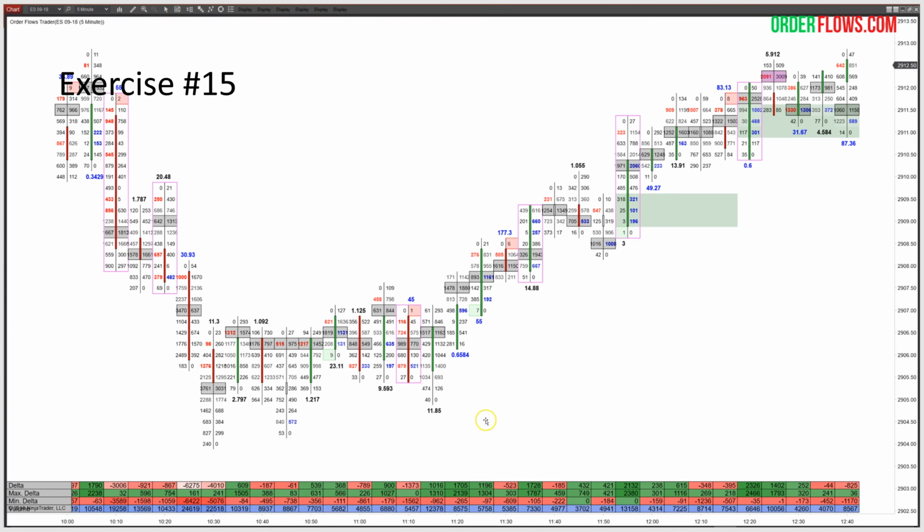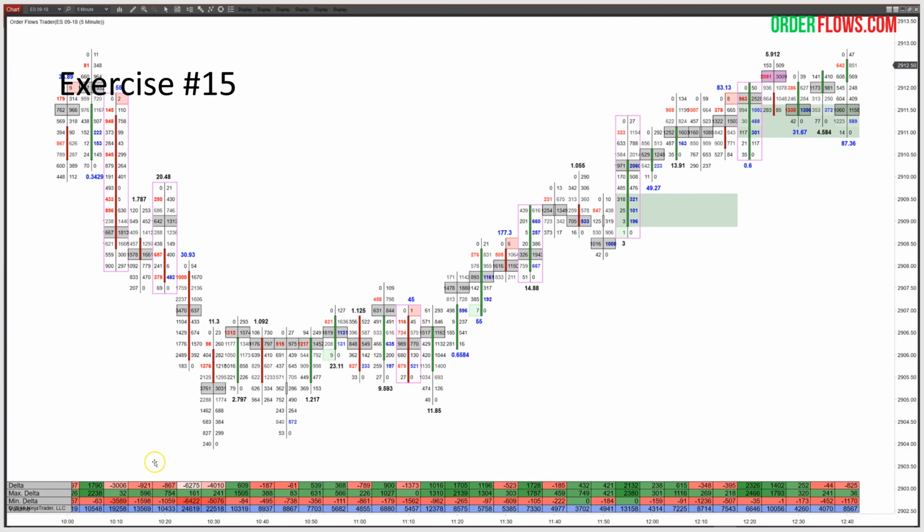This one I consider a delta reversal bar right here, this bar with a ratio of 1185. And what you had was strong negative delta early, minus 962. And then it ended up positive 1016 against a max delta of 1016. So it was fairly strong in the negative sense early, and it ended fairly strong in the positive sense. Then the market made its move back up.